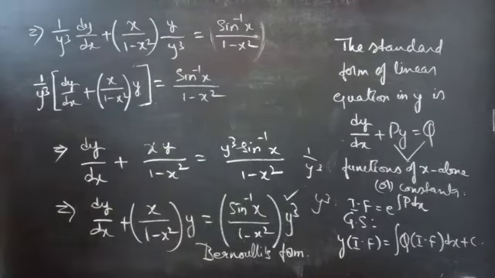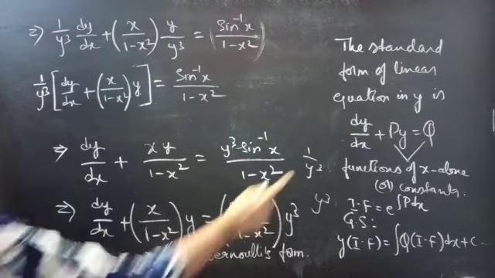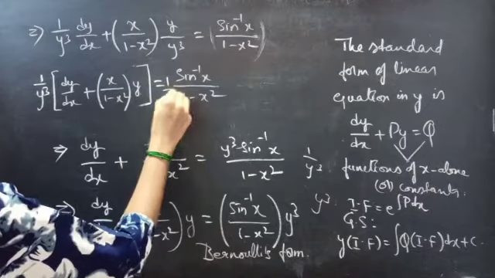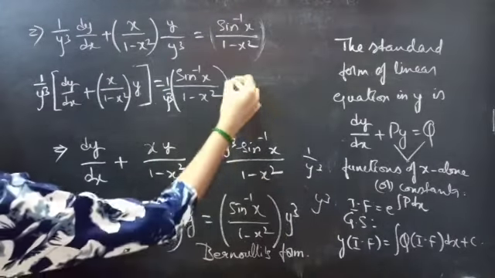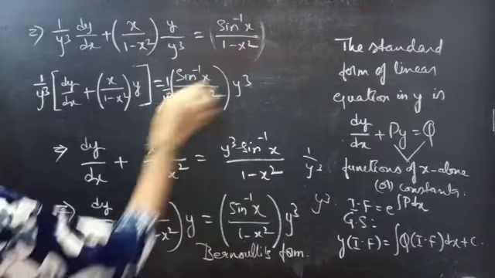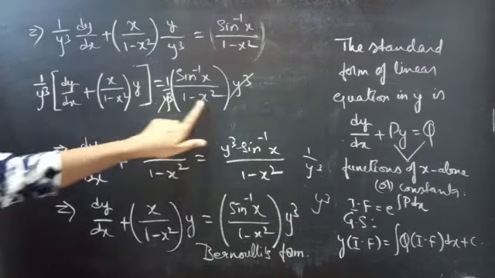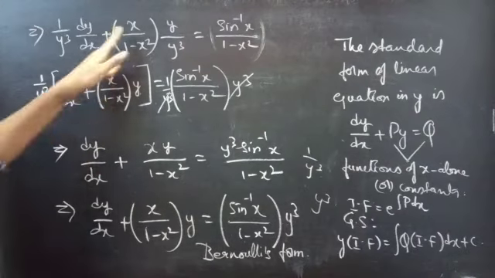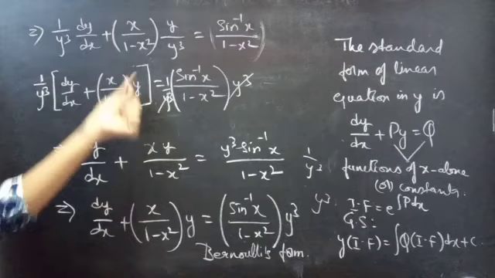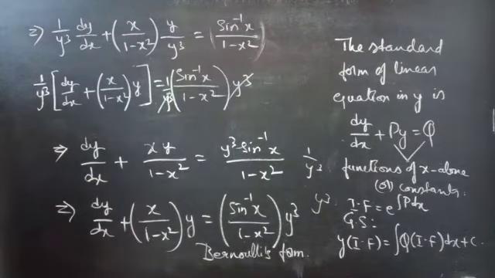Right? So now let's see what happens if we multiply both sides of the equation with 1 by y cube, 1 by y cube into the RHS part. Here y cube gets cancelled and again you'll get the same thing. 1 by y cube into dy/dx plus a function of x into y by y cube equals again a function of x.